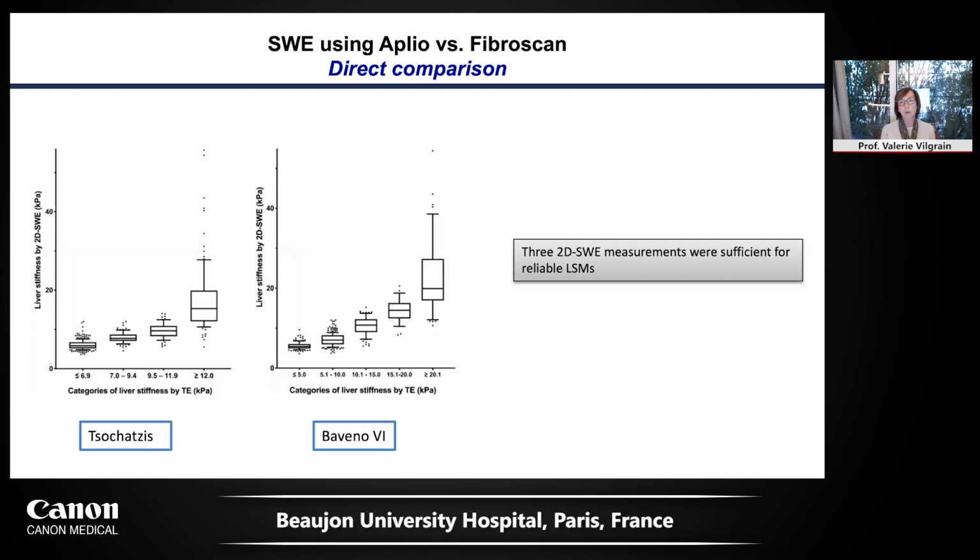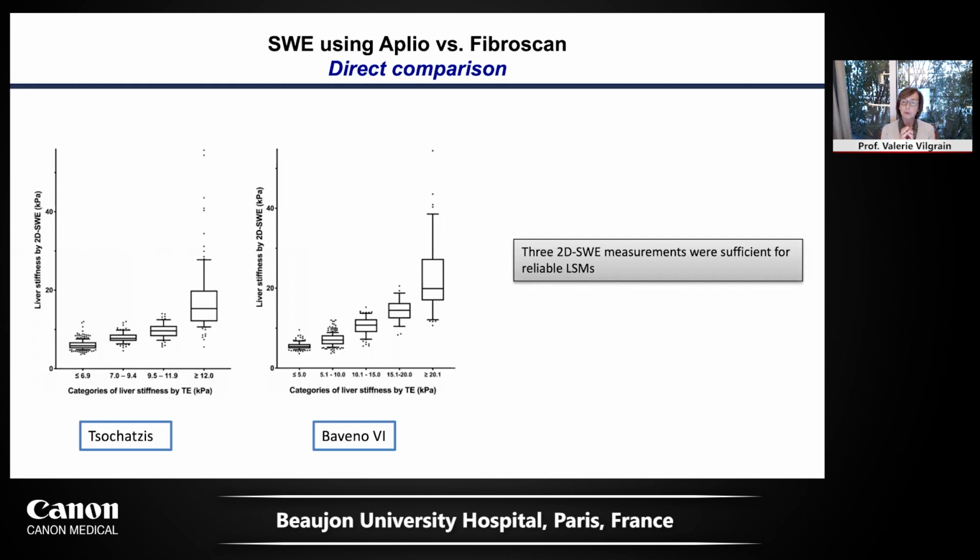If we look at more details and the several grades that we usually use, we were also able to demonstrate that liver stiffness by 2D shear wave elastography was very well correlated with the different categories of liver stiffness according to different thresholds, the stochastic one or the Baveno-VI one.